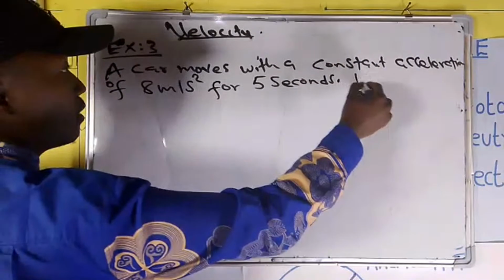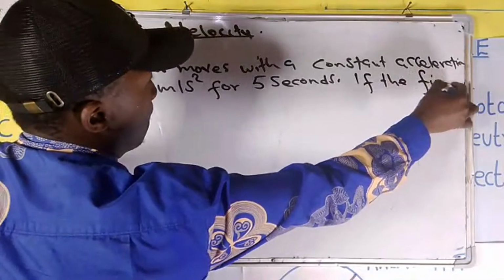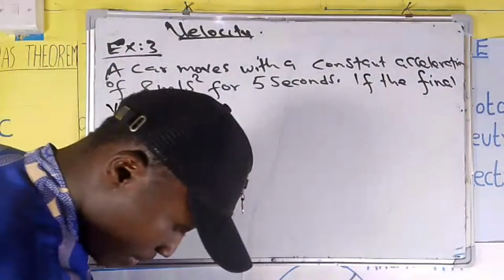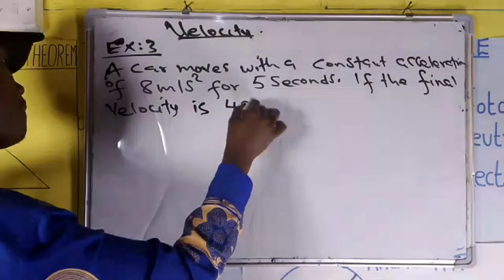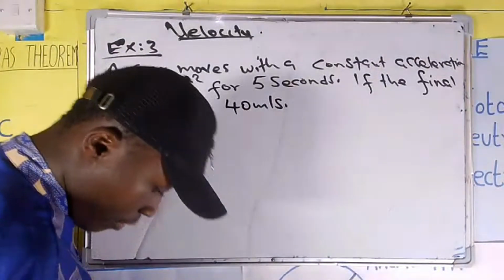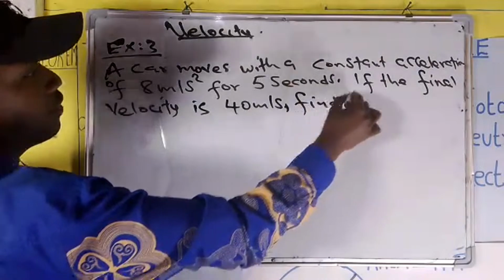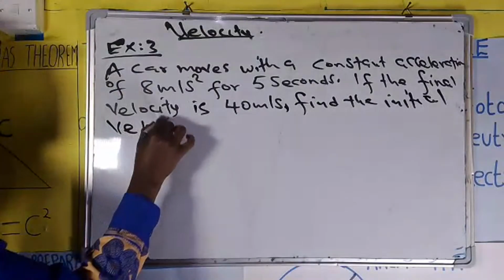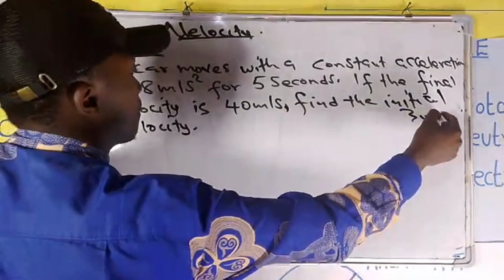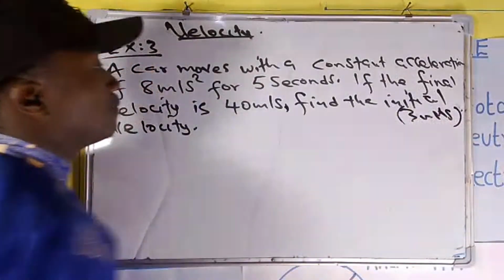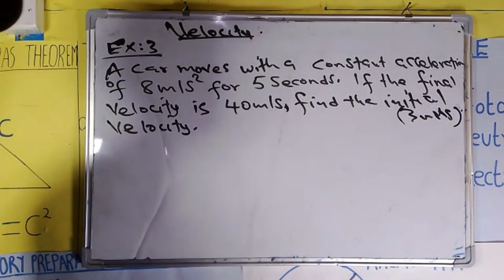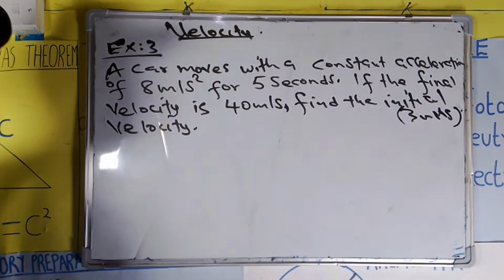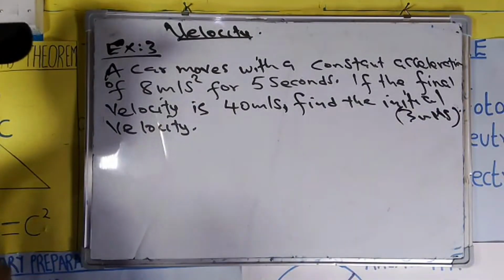If the final velocity is 40 meters per second, find the initial velocity. 3 marks. A car moves with a constant acceleration of 8 meters per second squared for 5 seconds. If the final velocity is 40 meters per second, find the initial velocity.